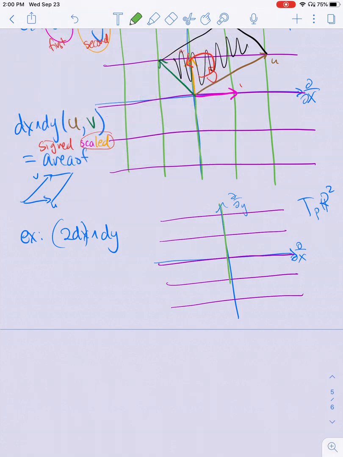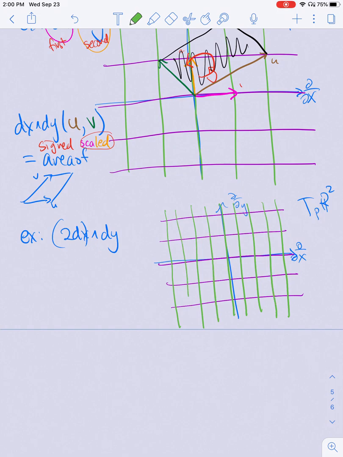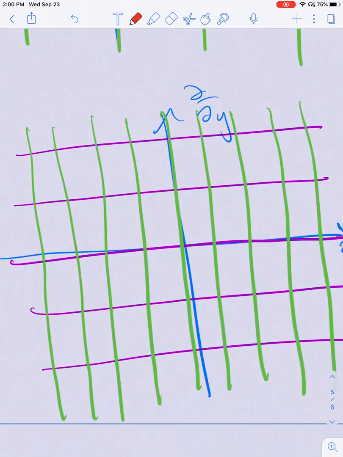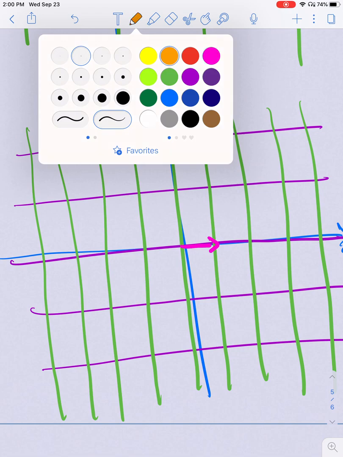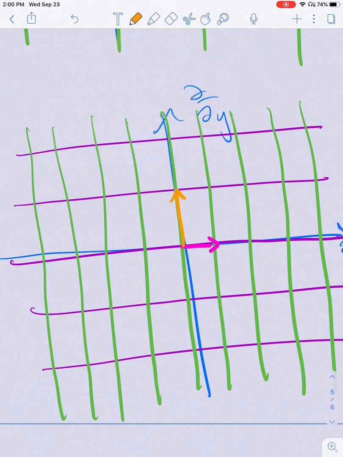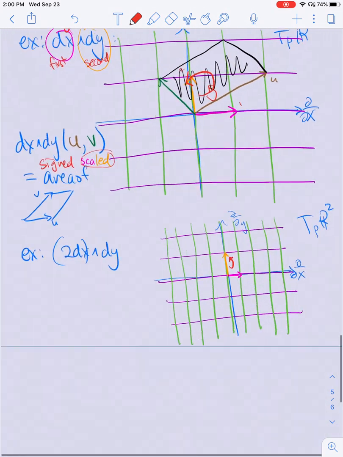But now my level sets for dx should come twice as thickly. So I should also draw this one, right? Because now when the dx coordinate is 1/2, dx will evaluate that to 1. So now I don't have the exact same pink vector, but my orange vector is the same. My getting from pink to orange is the same.